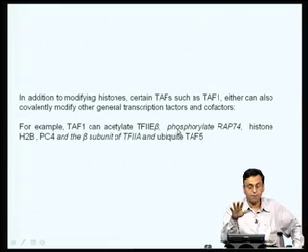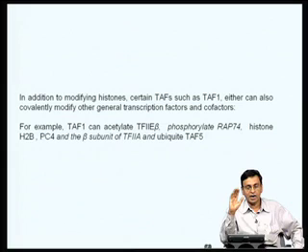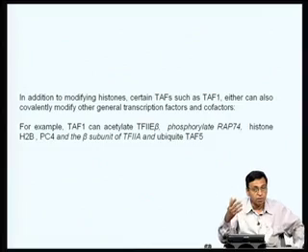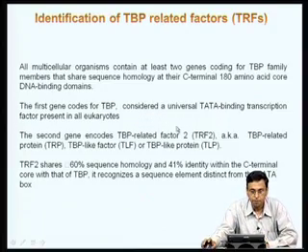So what these examples tell you is that many, not all, of the TAFs, or TBP associated proteins, are enzymes capable of covalent modification of a number of other proteins, and these covalent modifications can be acetylation, phosphorylation, ubiquitination and so on, and all these things have a very important role in gene regulation.